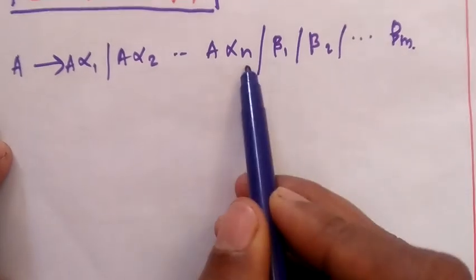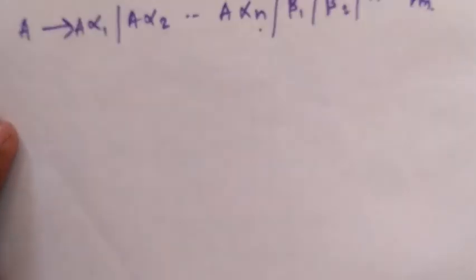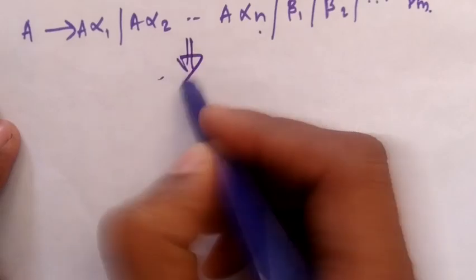Then what is the equivalent production which will remove immediate left recursion?